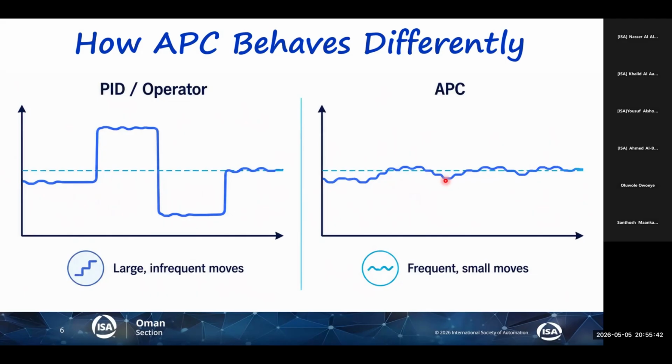So for an advanced process control practitioner, the moment he sees the trend, he can straight away say APC is on or APC is off. Is it the computer doing the moves or the human being? However, smoother operation is not the final objective. The real question is, how does that create value?